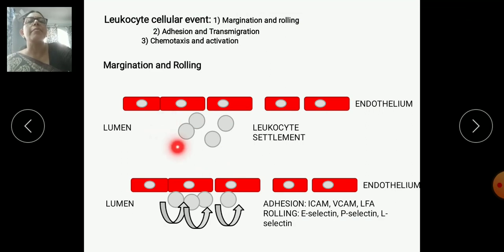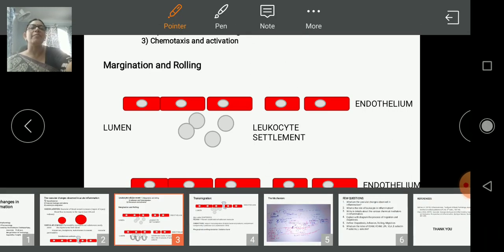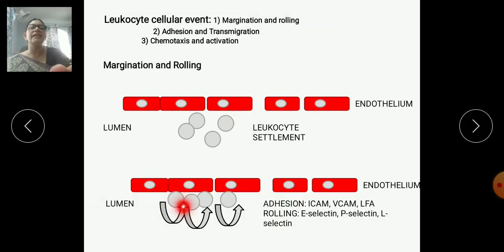Normally the leukocytes flow inside the blood vessel. Whenever there is injury, the leukocytes come and settle on the endothelial layer wherever injury has taken place. This is called margination. Then what is rolling? Here adhesion has taken place, the leukocytes have bound to the endothelial layer.